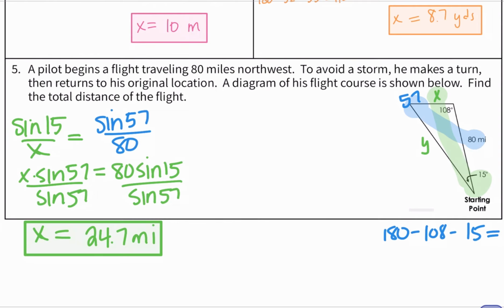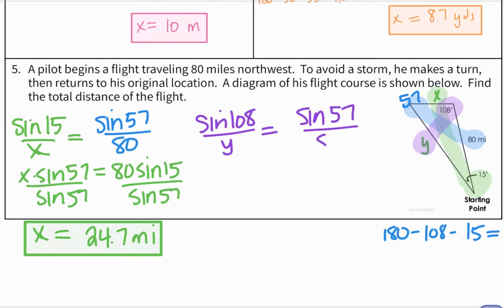So now if I wanted to solve for y, here's y. My opposite angle is 108. So sine of 108 over y is equal to, well, I need another ratio, and since we already figured this one out, see the blue part? Might as well just use it again, it doesn't matter. So sine of 57 over 80.